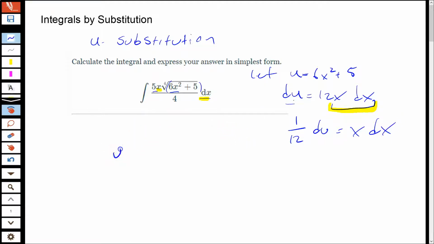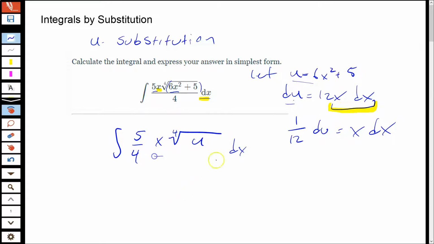So the first thing I'm going to do is just rewrite this. You don't have to do this, but I think it will make it clearer to see. I'm going to factor out that 5/4. And then I have x, and then fourth root of u dx. So I made my first substitution by just plugging in u.